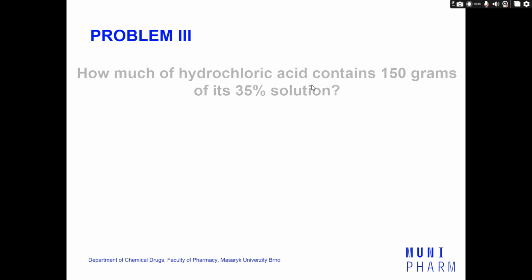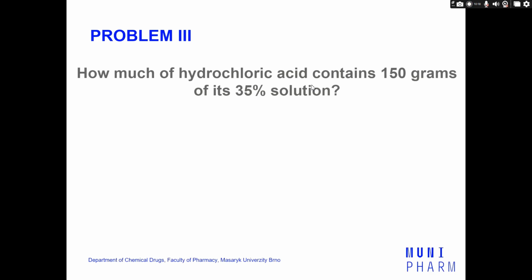On this slide, I have prepared a consideration of a mass fraction, which is a little different, but we will encounter it in a number of other more complex calculations, so we need to understand it correctly. The question is, how much hydrochloric acid does 150 grams of its 35% solution contain?